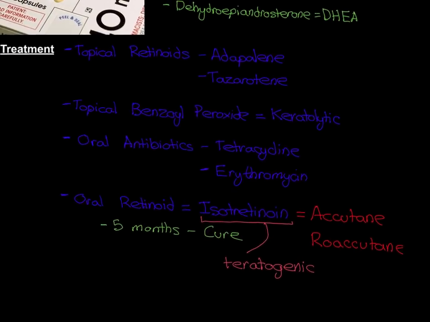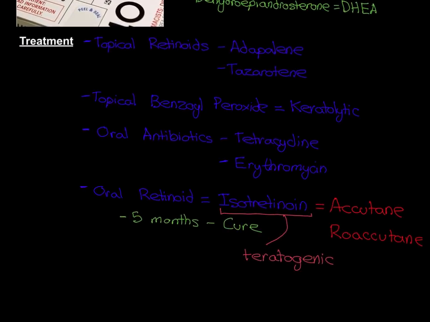So just to finish the video then, let's summarize the treatment ladder for acne. So this is the treatment ladder, this is the start, and this is the end. So topical retinoids, two examples of which are adapalene and tazarotene. These are applied onto the area that is affected, and they, we believe, stop the hyperkeratinization process and reduce sebaceous output.